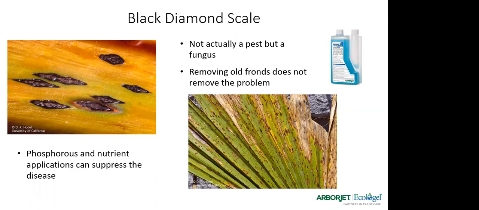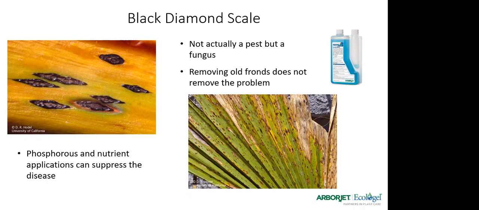This fungal infection pretty much only infests the California fan palm. However, we have now learned that most of our Mexican fan palms and California fan palms have hybridized. So even though it may look like a Mexican fan palm, it has some California fan palm DNA in it, and therefore it makes it susceptible to black diamond scale.